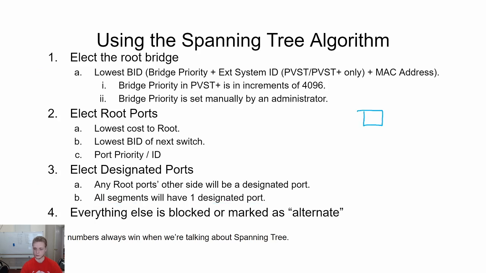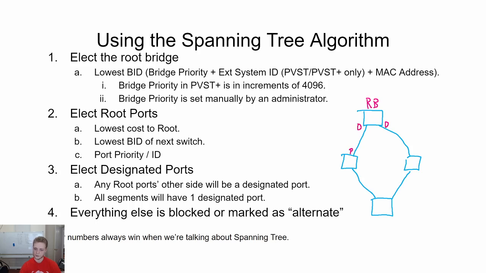If I have some nice large switches, and I will draw, this is our root bridge for this example. So this would be a designated port, right? Every port on a root bridge is designated.